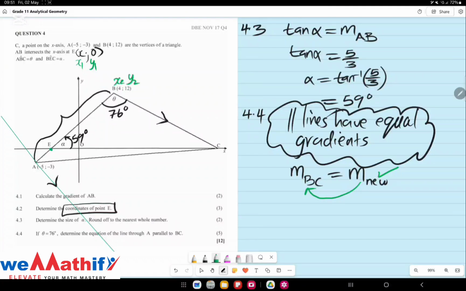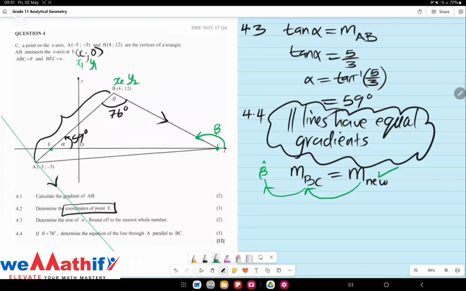And if you check, we don't have the coordinates of C. We cannot use the gradient formula to find the gradient of BC, which means we need to use the angle of inclination of BC to find the gradient of BC. Let's name this angle of inclination beta. So basically we find beta first, and then we use that beta to find the gradient of BC, which will in turn become the gradient of the new line.